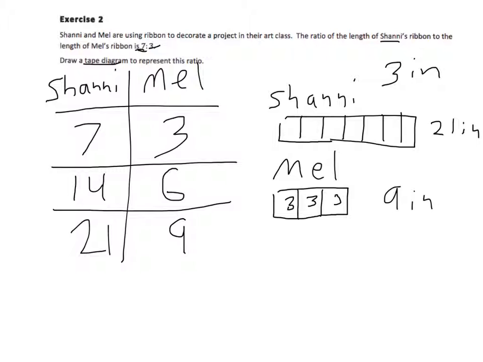So we came up with 3 different ratios. We had 21 to 9, 14 to 6, and 7 to 3. All 3 ratios worked with the same ribbons. These all 3 ratios are special ratios called equivalent ratios, meaning that they can be represented by the same ribbon or have the same value.